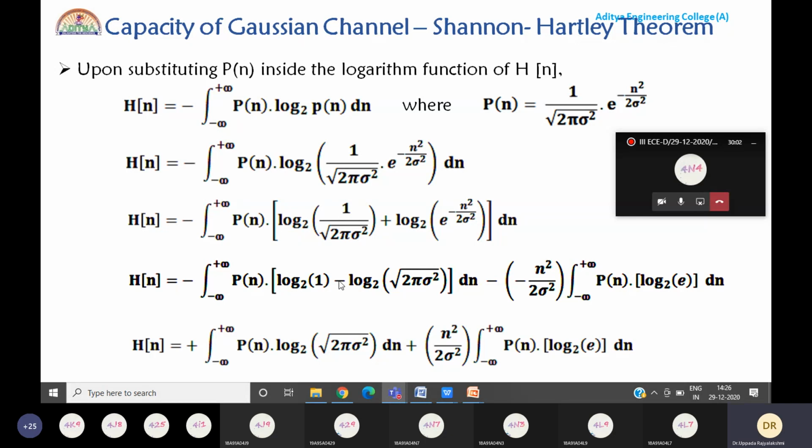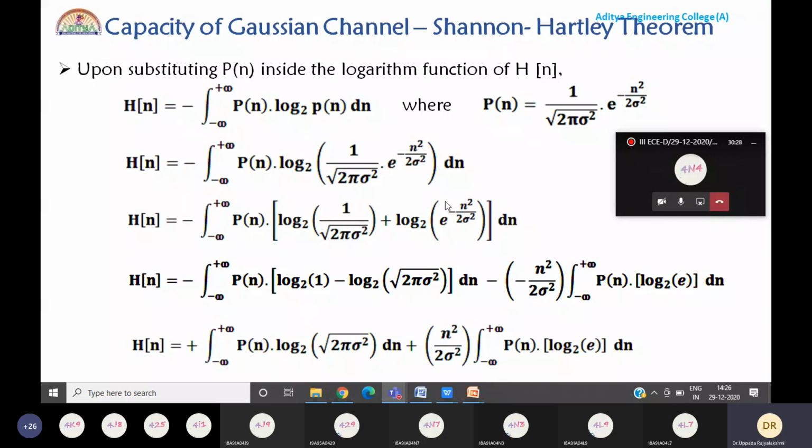So log of 1 will be 0 minus log root 2 pi sigma square. Here you can observe log root 2 pi sigma square is a valid value, but log 1 will be 0, into dn. Actually here you have a negative sign, so minus is applied to the second term.